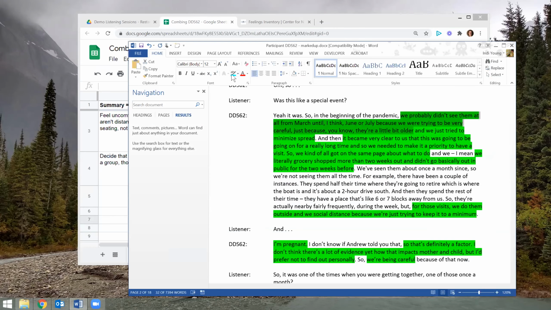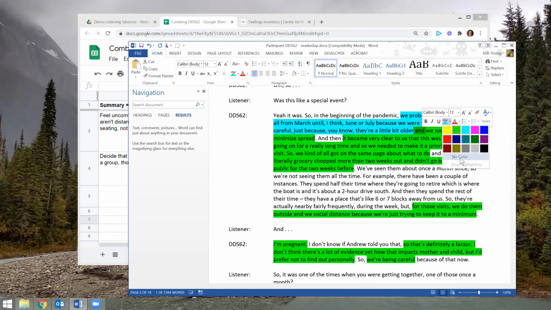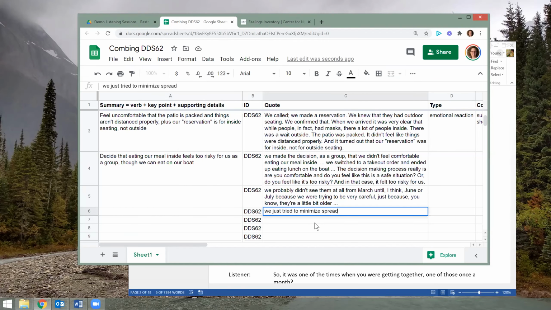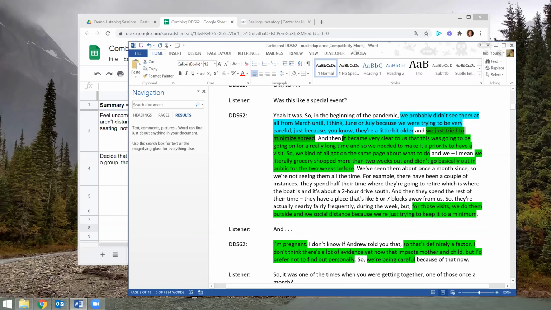Turn that part the other color and then grab, I'm actually going to white this one out just to show you that I'm snipping it here. We tried to minimize spread. Okay, so the two concepts are, we're going to go see them, and how are we going to minimize spread? Did I get it? Oops, I forgot to turn that blue. Let me go do that.